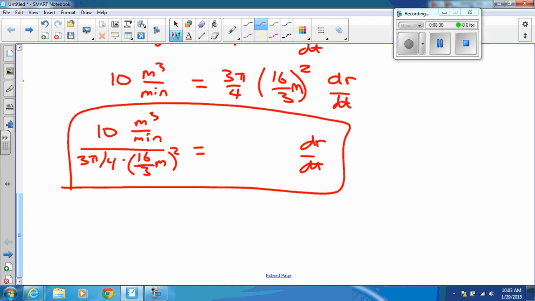Times the derivative of the inside. Watch your variable. You're taking the derivative with respect to time, not with respect to radius. So the derivative with respect to time of some function of r is going to be the derivative with respect to r of that function, times the derivative of the inside.